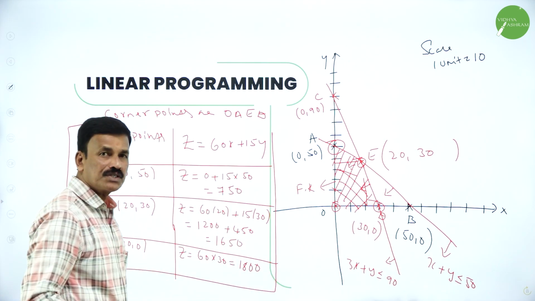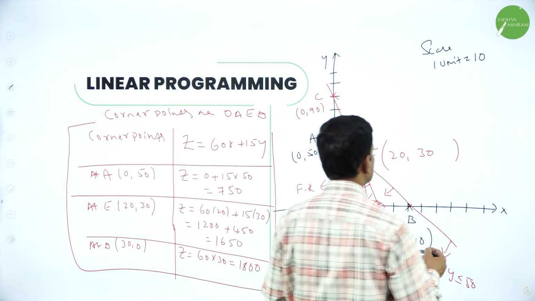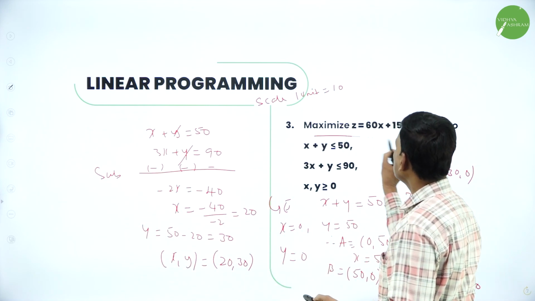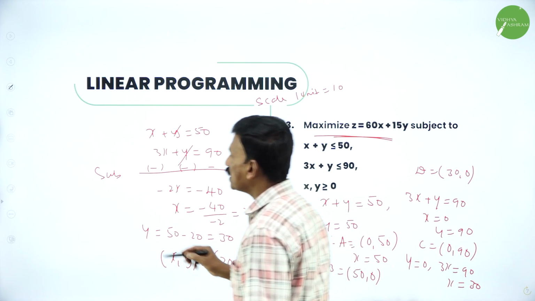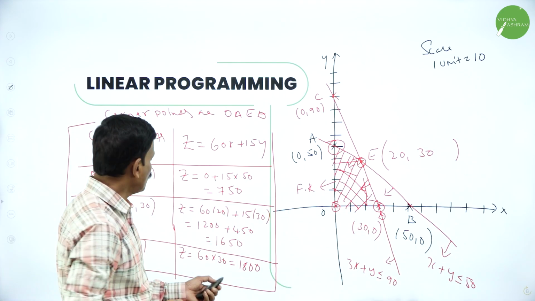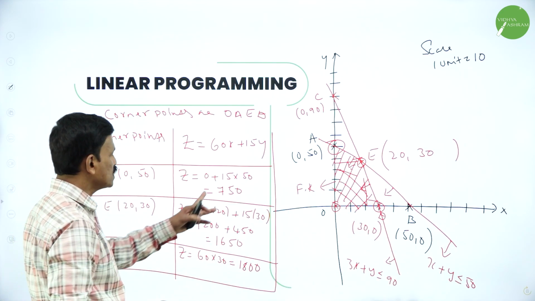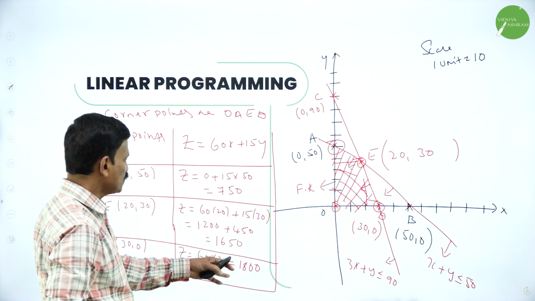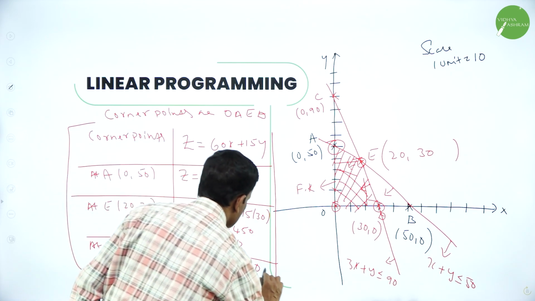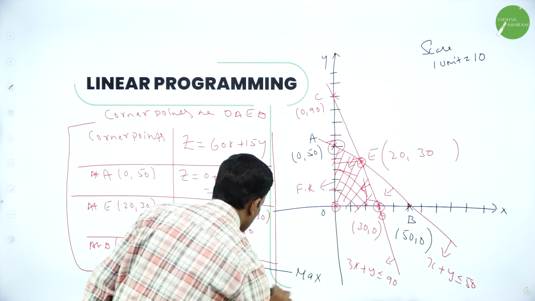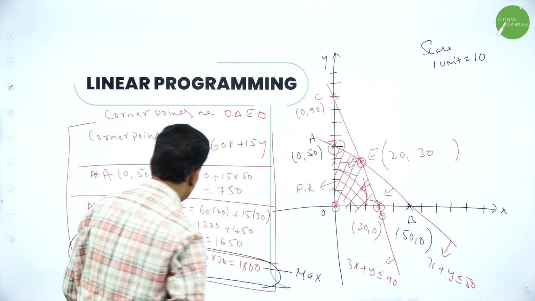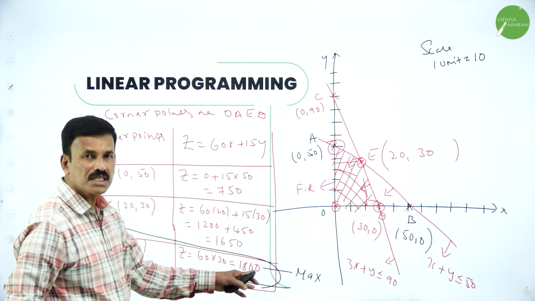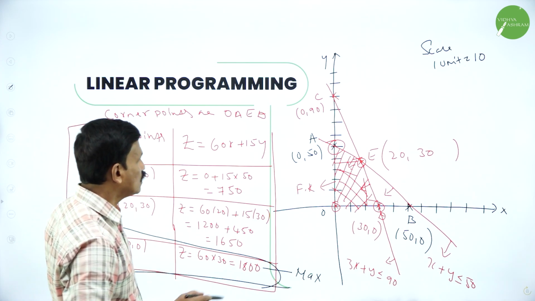So what is to find here? What is the objective function? The objective function is maximize z. So what is the maximum value from this? First is 750, 1650 and 1800. So this is the maximum. Therefore the maximum value is 1800 at (30, 0).